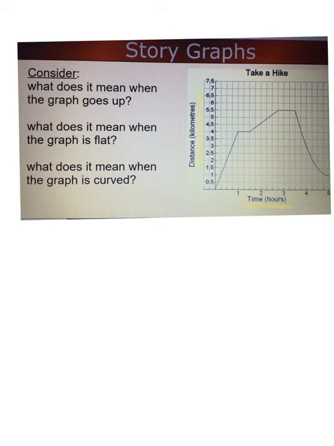So consider, what does it mean when the graph goes up? So we're looking at this first section right here, or even this third section right here. Maybe I'll label them for you. So section 1, 2, 3, 4, 5. So in section 1 and section 3, I know that this graph is increasing.